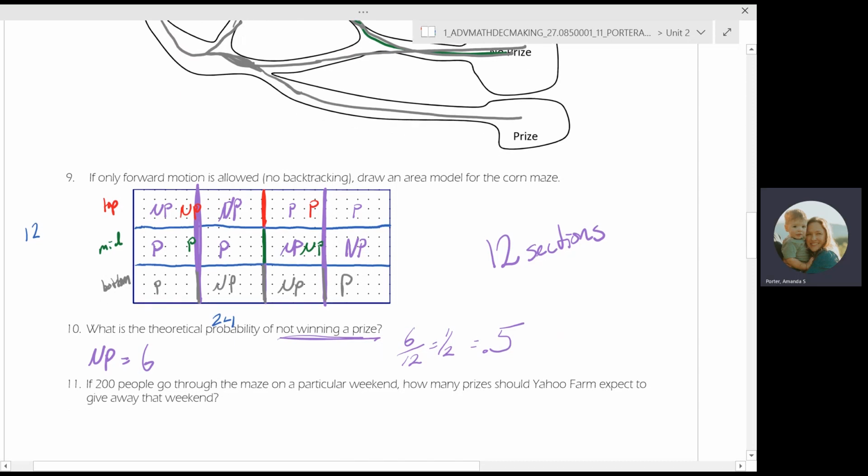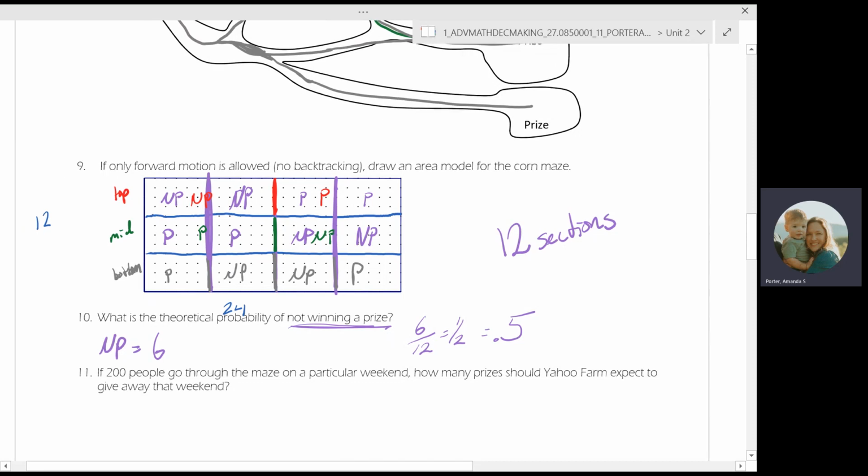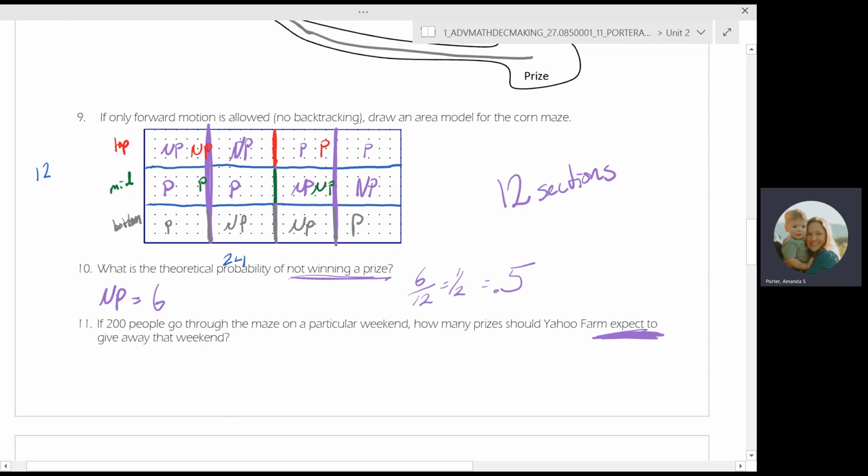So if 200 people go through the maze on a particular weekend, how many prizes should the farm expect to give away? Expect means take a probability and multiply it by repeats.